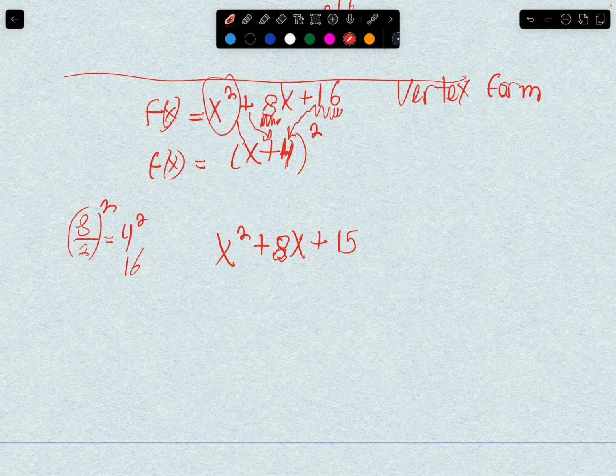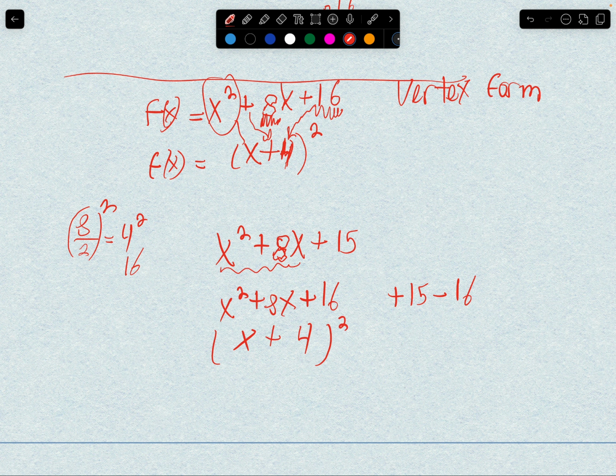But I can look at just these first two and say, hey, really what I want here is a 16. But I can't just add 16 to this. So if I added 16, I'm going to take the 16 away. That's like you didn't even change anything. Now this first part we know is x plus 4 squared.